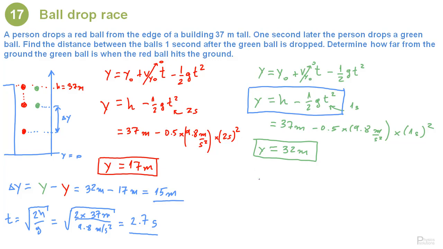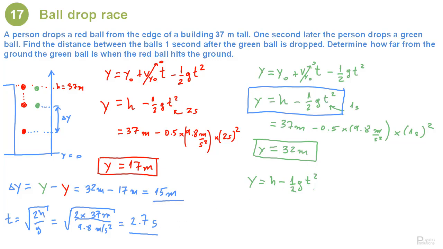That means, if I rewrite this formula here, y is h minus 1/2 g t squared. Again, this formula is valid for any time, but we're interested in where the green ball is 2.7 seconds after the red ball was dropped, which is when the red ball hits the ground.